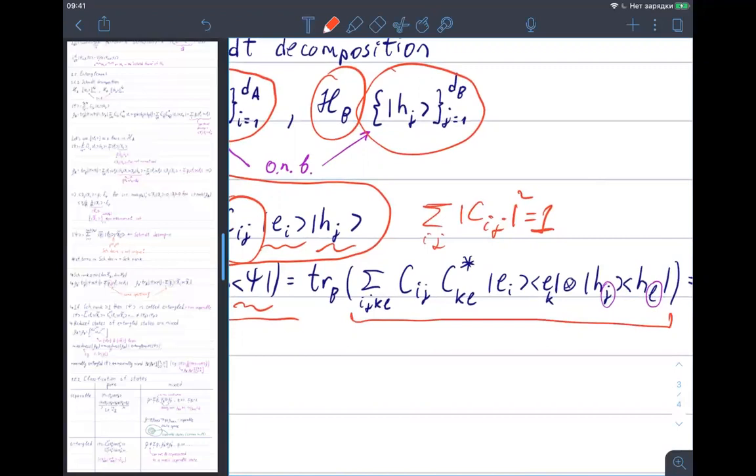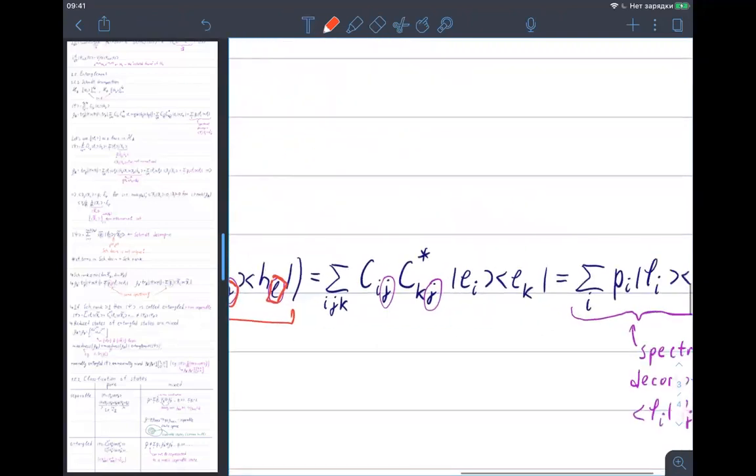I have four indices, two from one psi and two from the other psi, and I should take the partial trace over the B system. When I take this partial trace, the only terms which survive are the terms where g is equal to l.